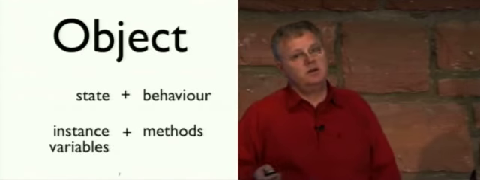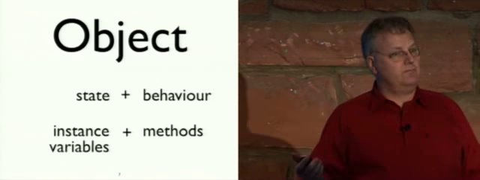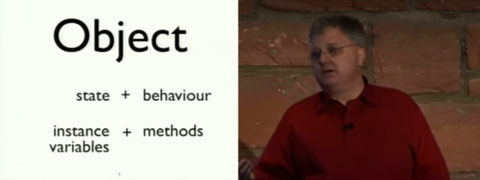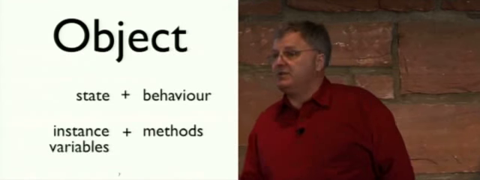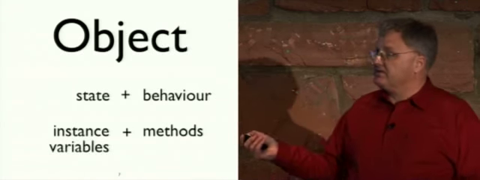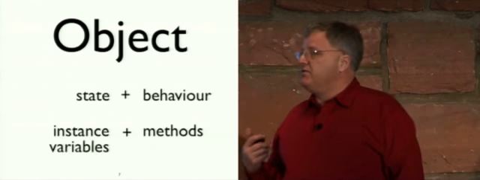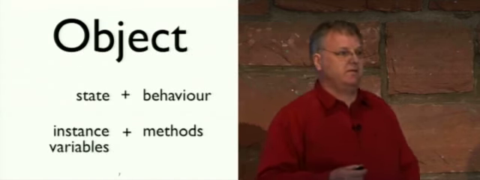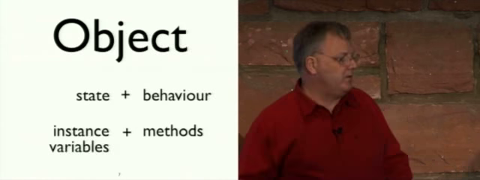In Ruby, we call the state instance variables. Yeah? Every object has instance variables associated with it. That's where we store the state. And the behavior is, by and large, methods. We can also have procs as well, but by and large, the behavior associated with an object is a set of methods. And that's pretty obvious. You can see that really easily, and it's pretty natural to think of it that way.